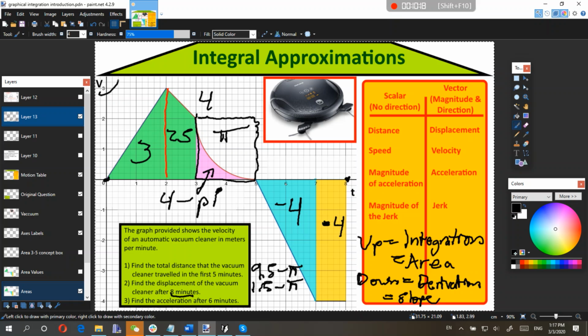Okay, if this is velocity and I want to get to acceleration at 6 minutes, then I'm stepping down from velocity to acceleration, which means we're going to take a derivative. A derivative is the slope. So here at 6, my slope would be the slope of this blue line.